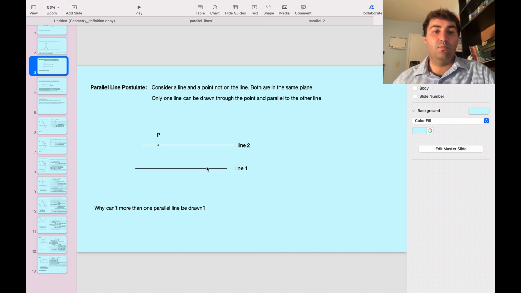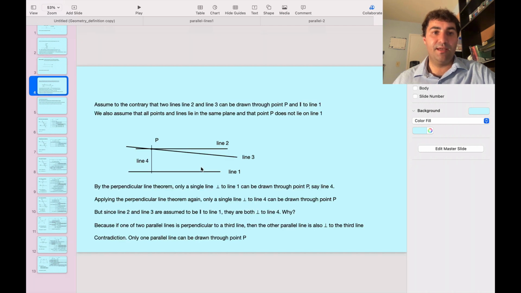And we want to know why more than one parallel line can't be drawn through P that's parallel to line 1. So we can do a proof by contradiction again. Let's assume to the contrary that there are two lines, line 2 and line 3, that pass through point P and that are both parallel to line 1, right?